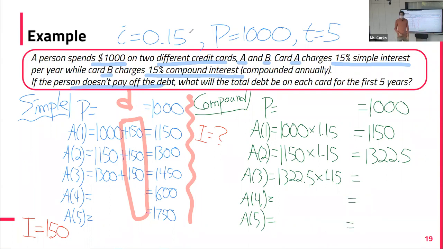All right, who can tell me these next numbers here? Okay, a little slower. 1,520. Okay, round up to 8.